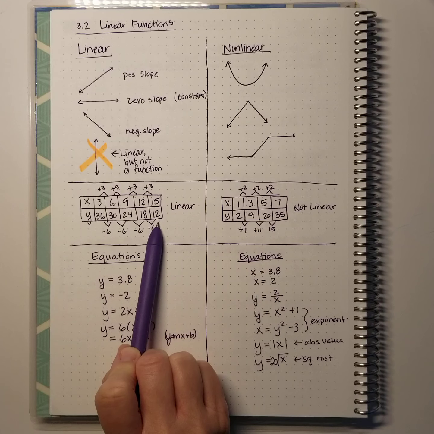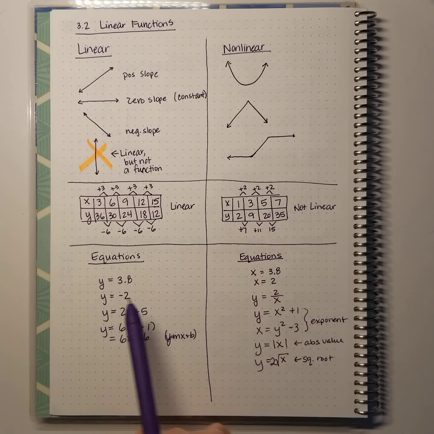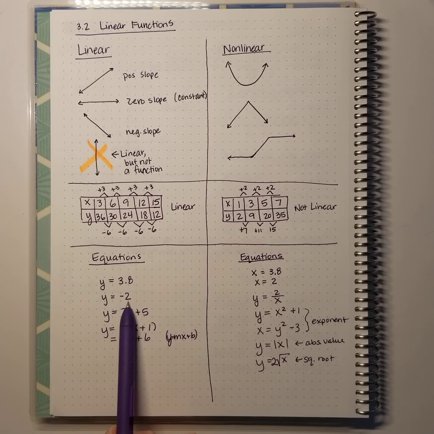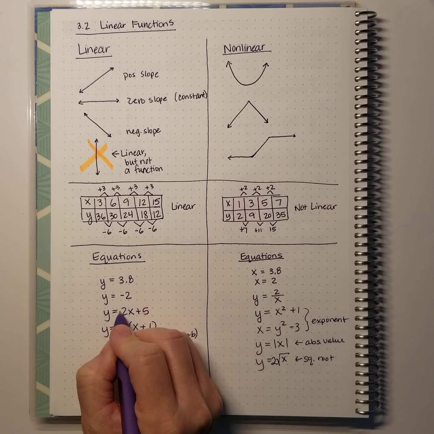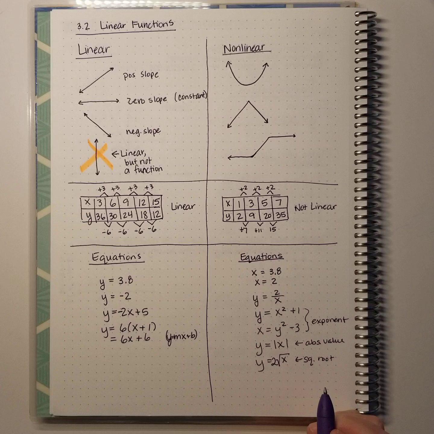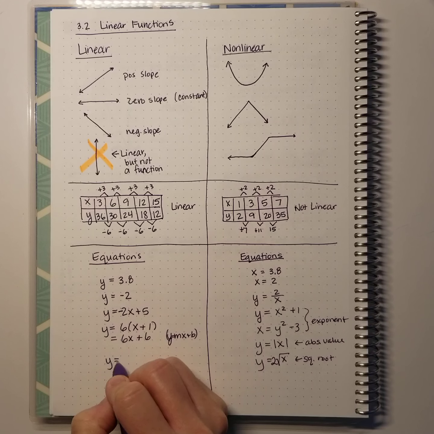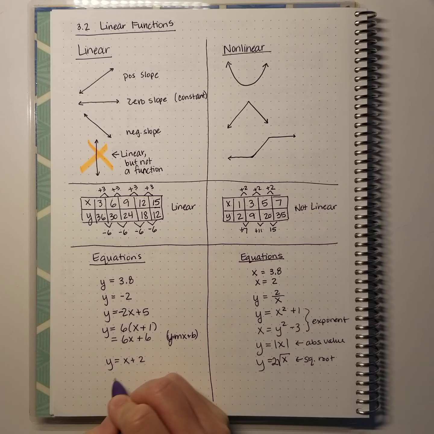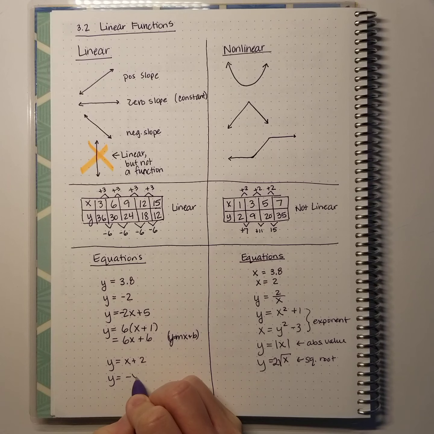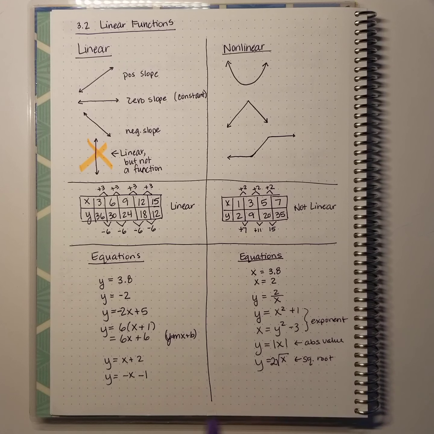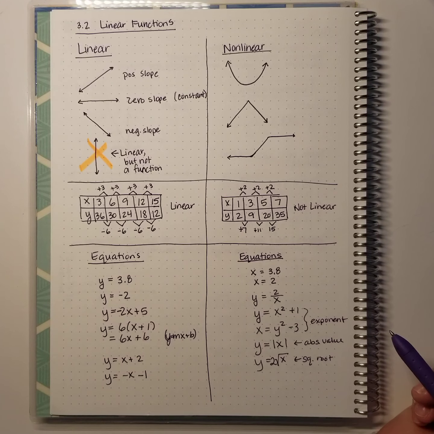You have to check every value. And then equations that are lines of constant slope, like negative 2x plus 5, y equals x plus 2, y equals negative x minus 1. Those are all equations of lines that will work to identify as a linear function.